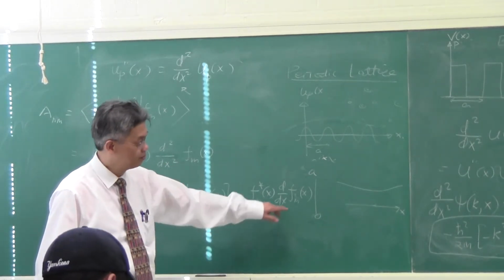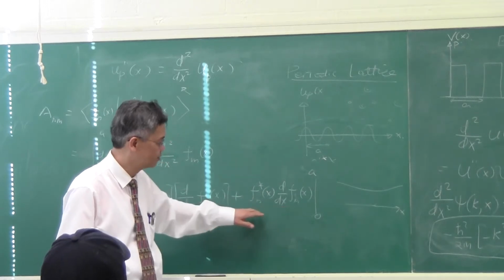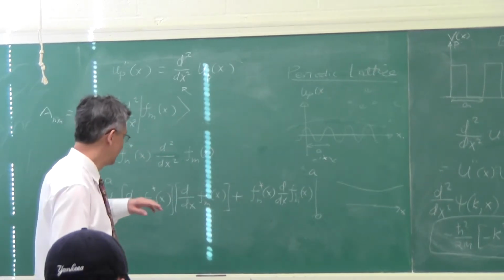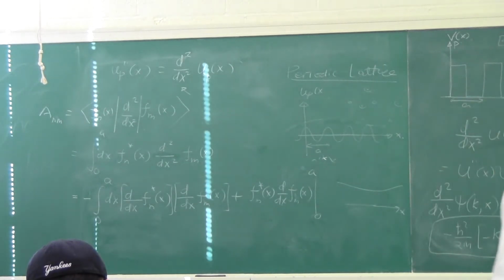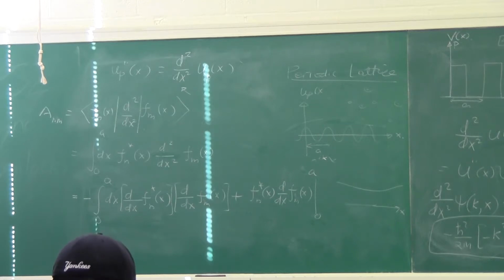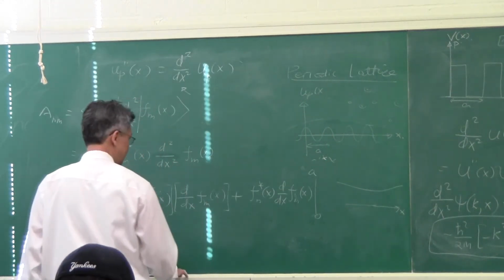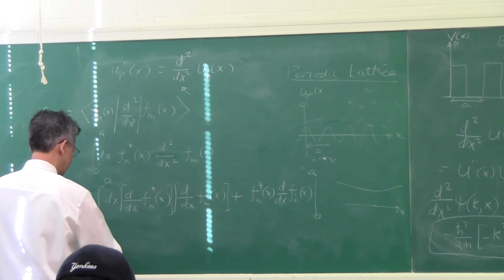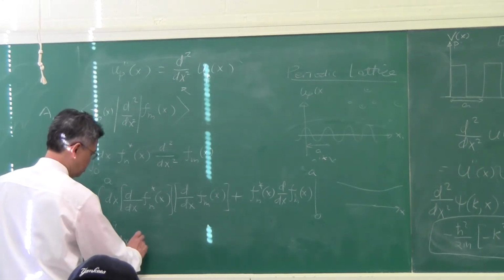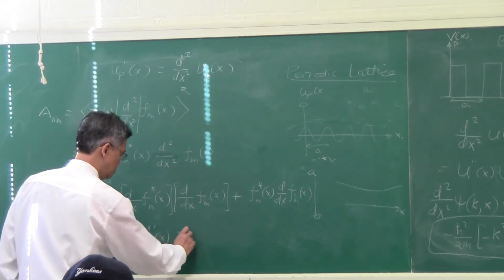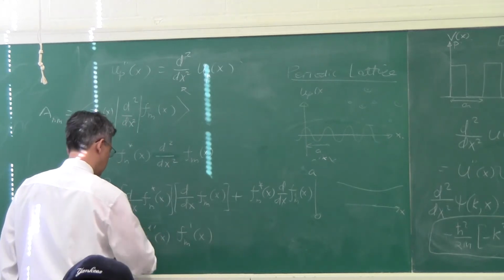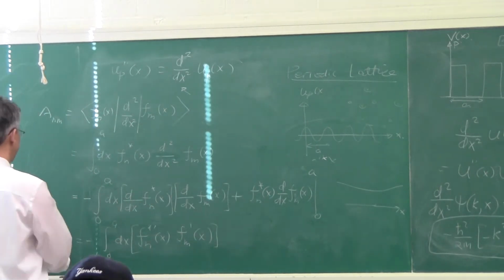One is to pick subdomain basis functions so that these functions are 0 outside that subdomain. Another is to impose the periodic boundary condition: the first value and the last value should always be the same. So usually we just end up with this.